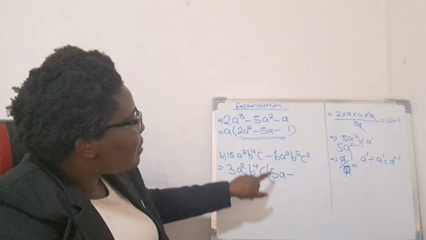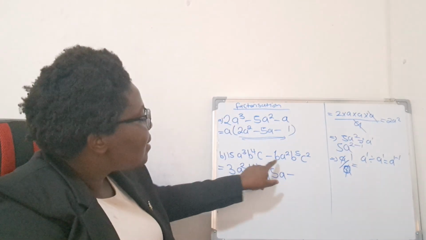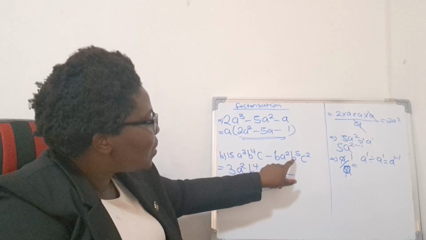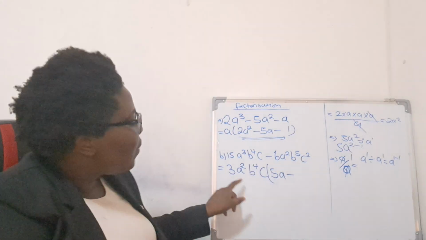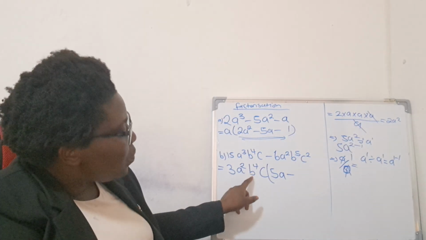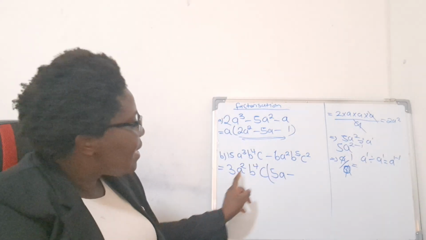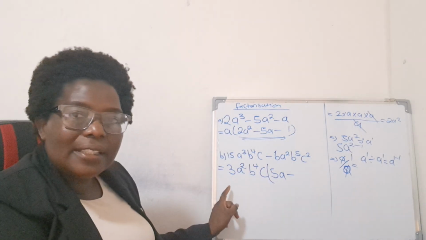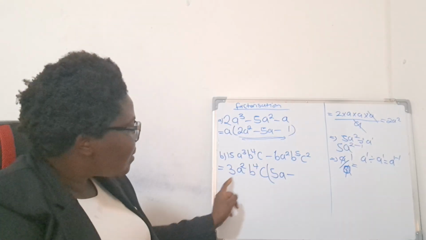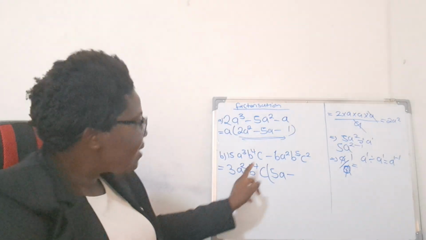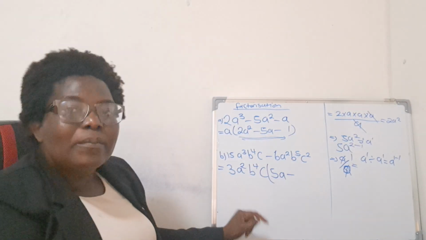So we say minus, and then 6a squared b to the power 5 c squared divided by 3a squared b to the power 4 c. Then you divide each term separately: numbers with numbers, letter a with letter a, letter b with letter b.